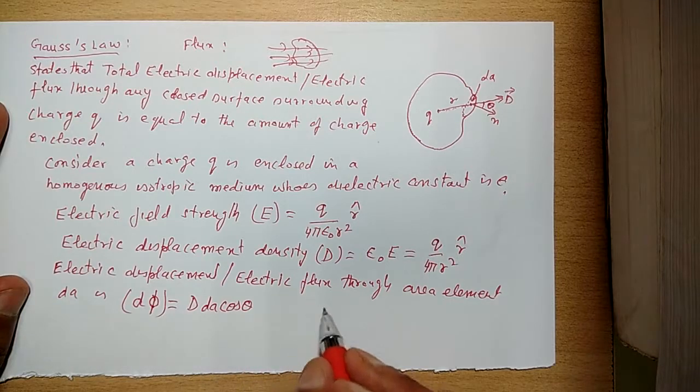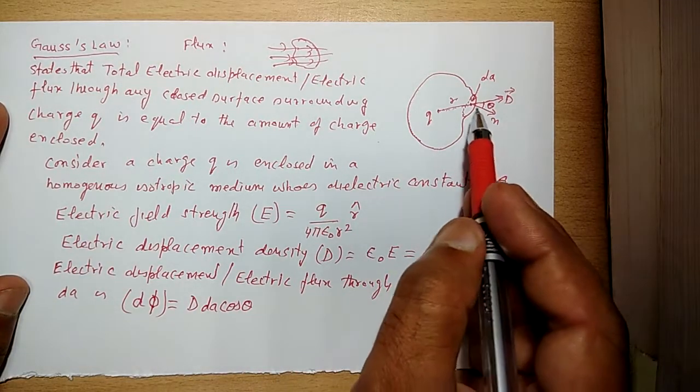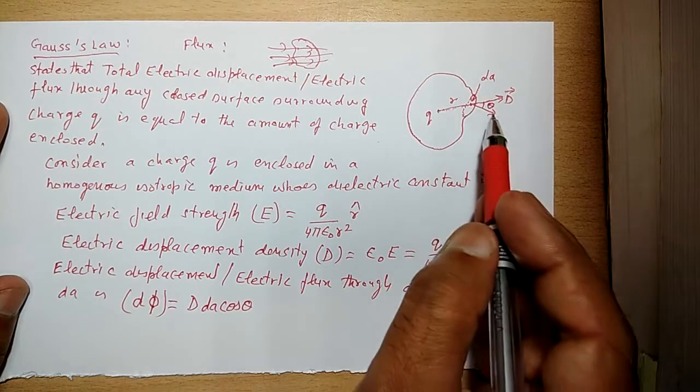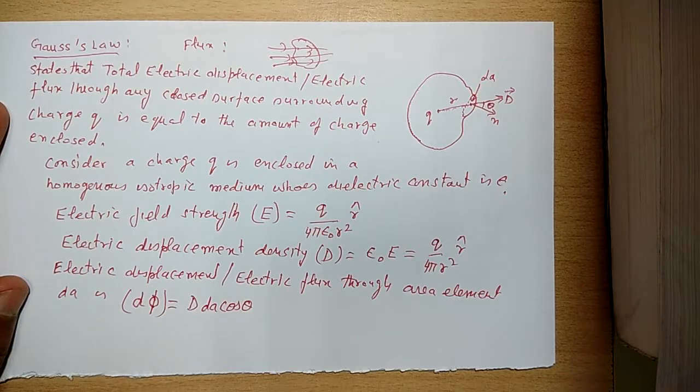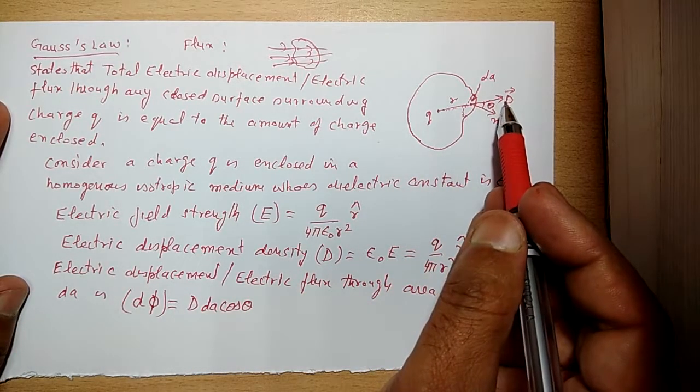Now here theta is the angle between the normal to this area element and this electric displacement density vector.